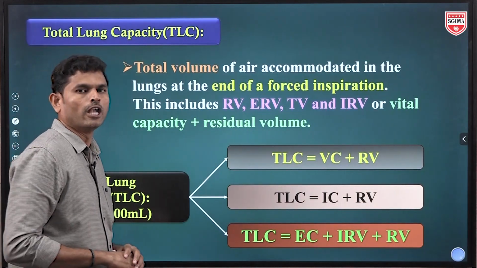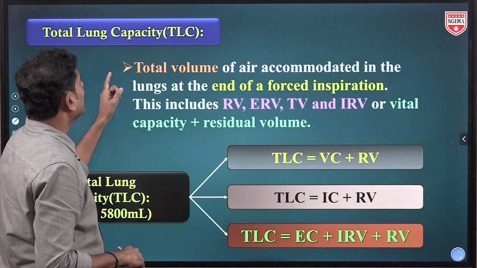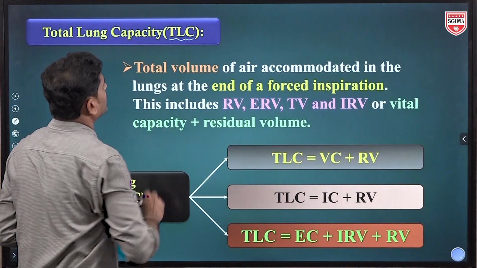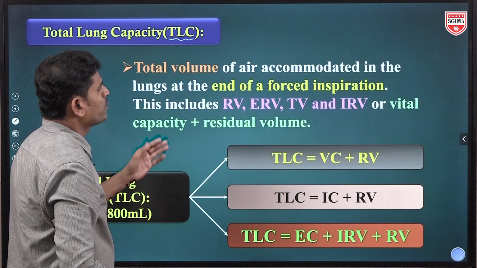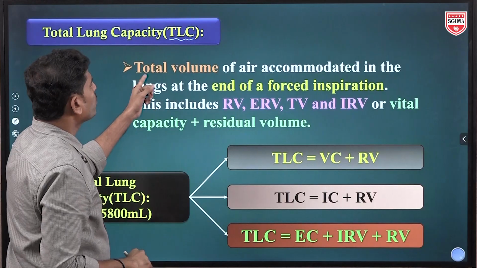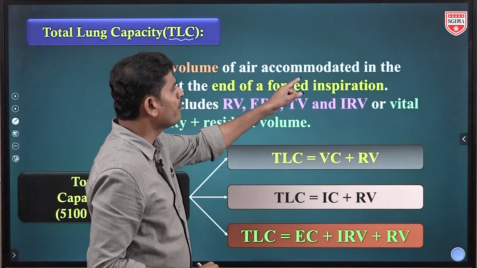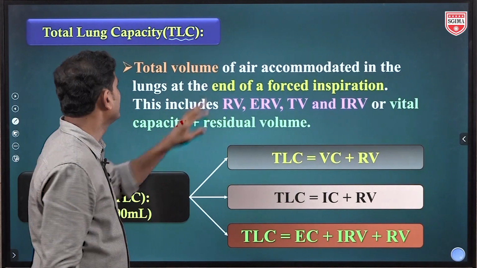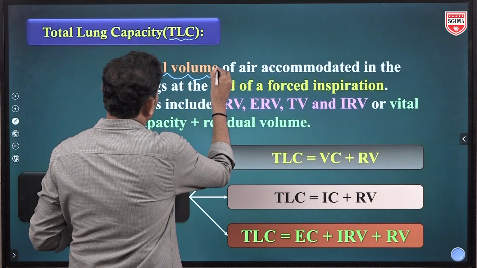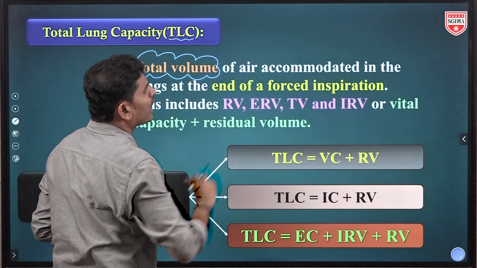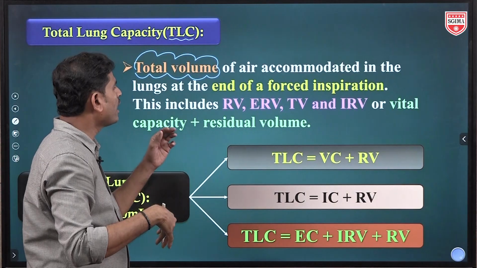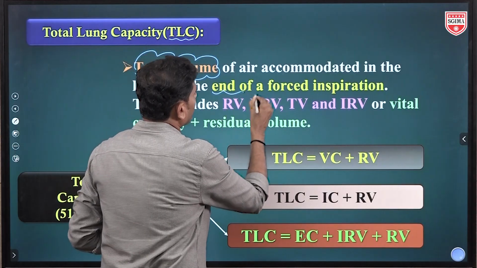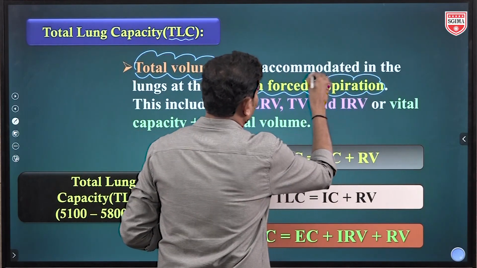That is the last one, total lung capacity, abbreviated as TLC. So how can we define this one? Total volume of air accommodated in the lungs at the end of, this is important, the root words are at the end of, not after, not before, at the end of forced inspiration.